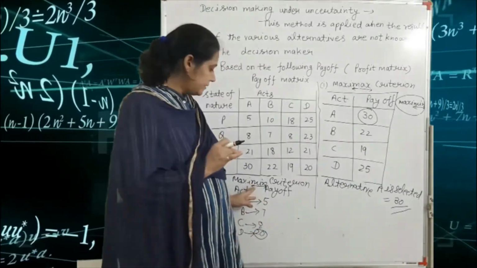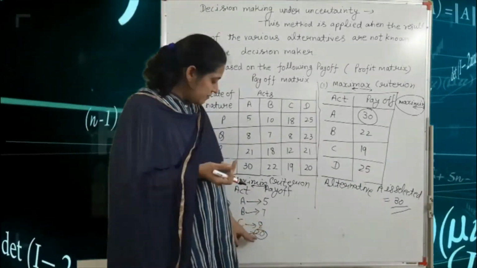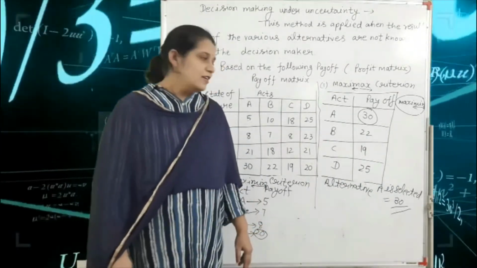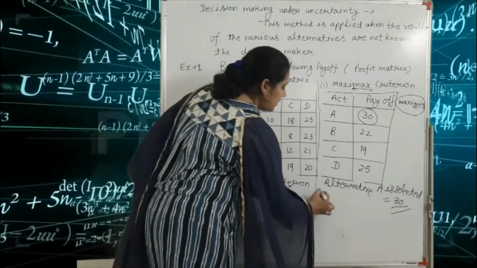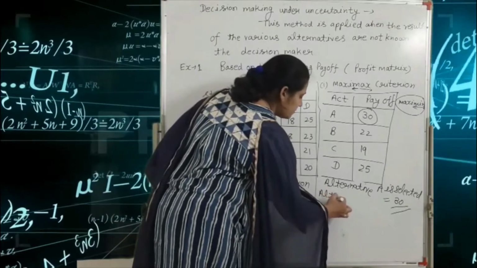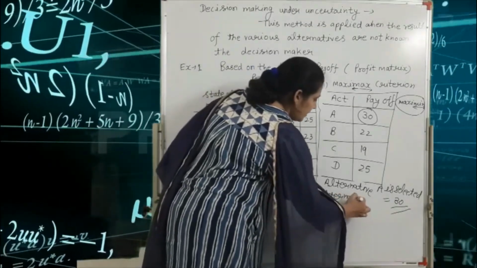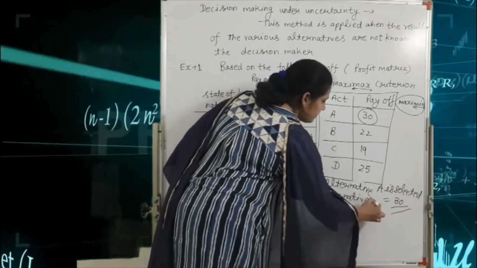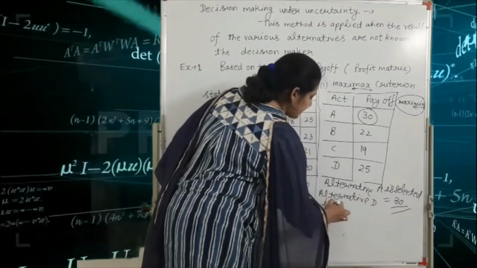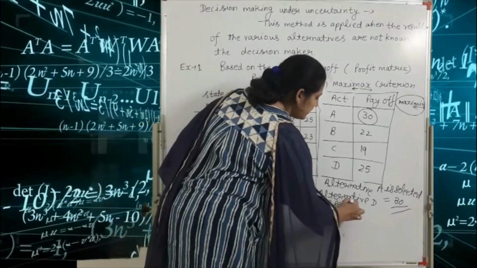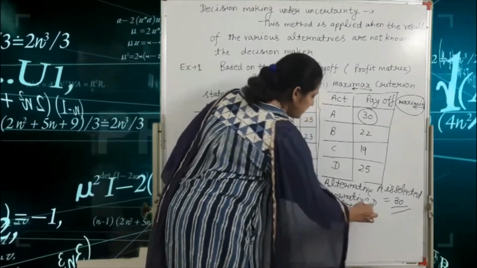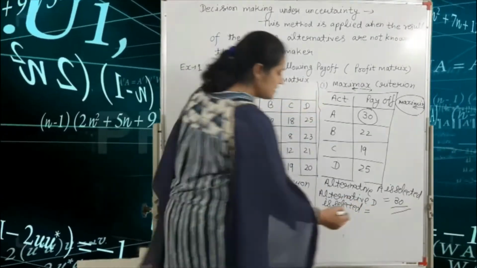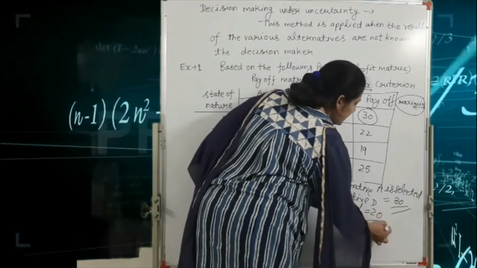But here we write the maximum word, so the maximum value is 20. So we write here: alternative D is selected. Got it? Alternative D is selected and the value is 20.